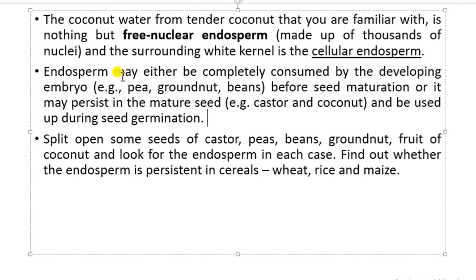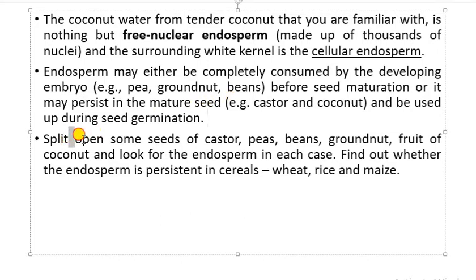The seeds in which the endosperm is completely consumed and is not found are known as non-albuminous seeds, whereas the seeds in which the endosperm persists are known as albuminous seeds.